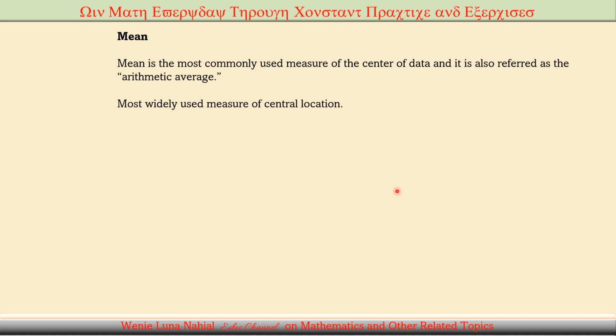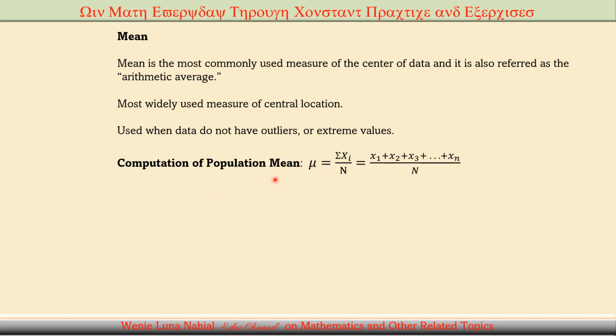It is the most widely used measure of central tendency, used when data do not have outliers or extreme values. So this is a very important thing to always remember in using the mean as a measure of central tendency: make sure that the observations do not have extreme values.